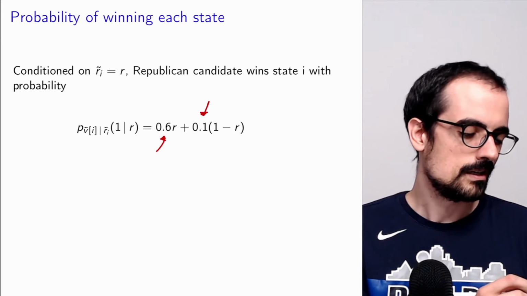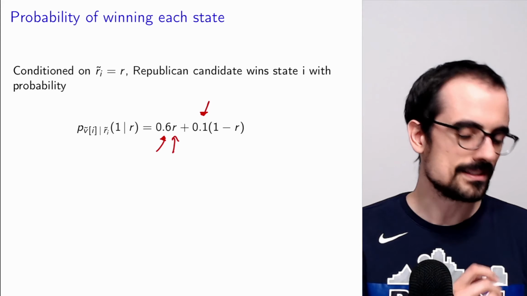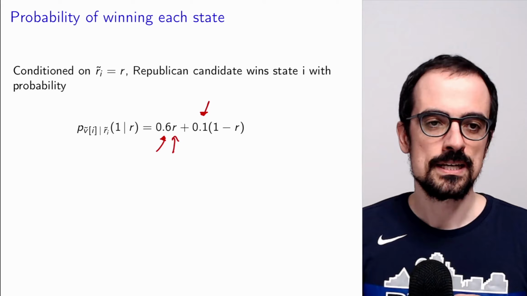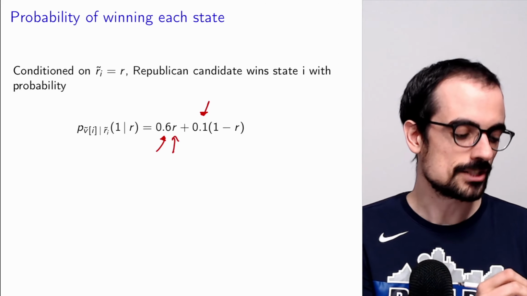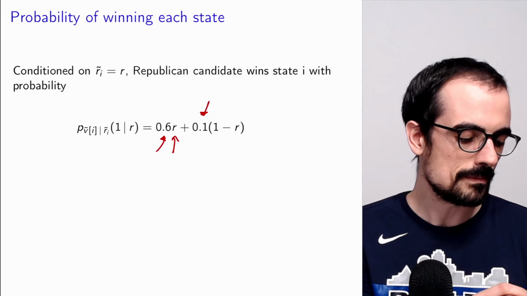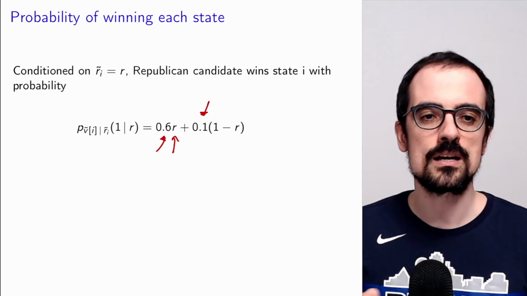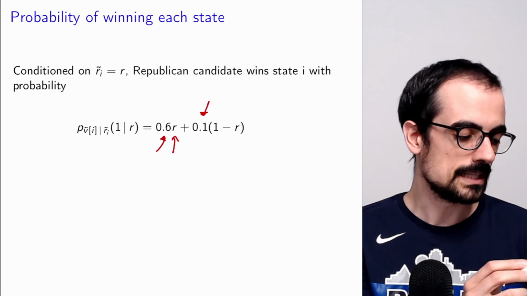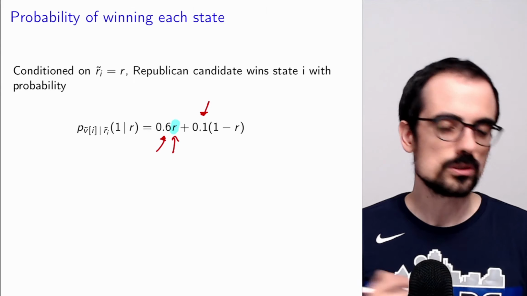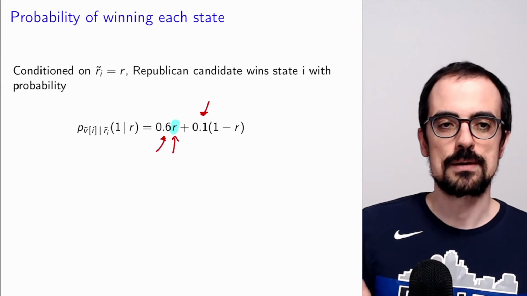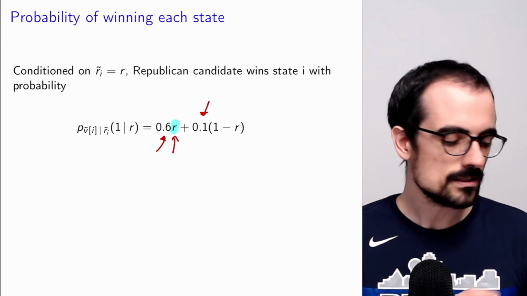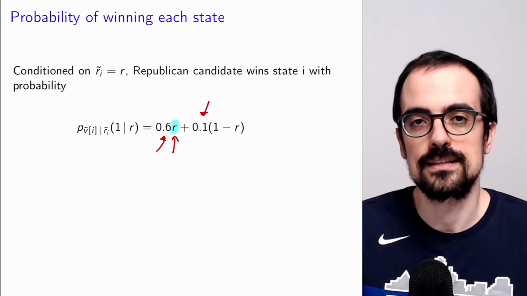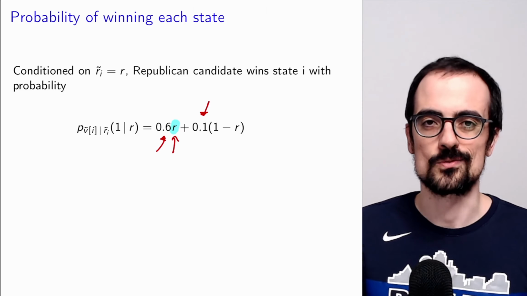So if R represents the fraction of rural voters, and that's what it represents in our model, then the fraction of people that are going to vote for the Republican is 0.6 times R plus 0.1 times (1 minus R). So here you see very quickly that if more rural voters go out to vote, then the Republican candidate has a better chance. If fewer rural voters go out to vote, then they have a smaller chance of winning.